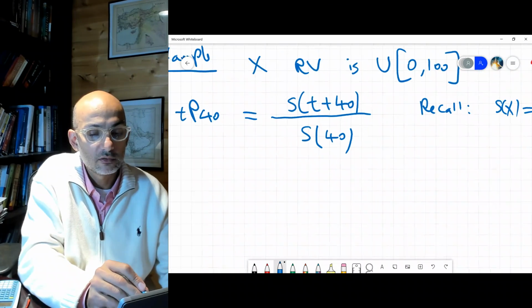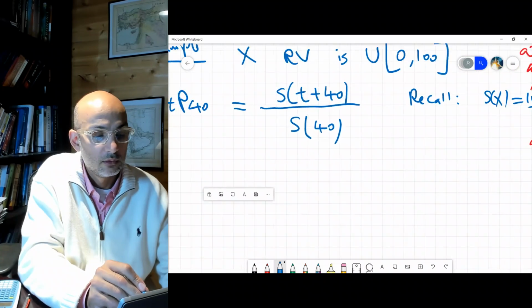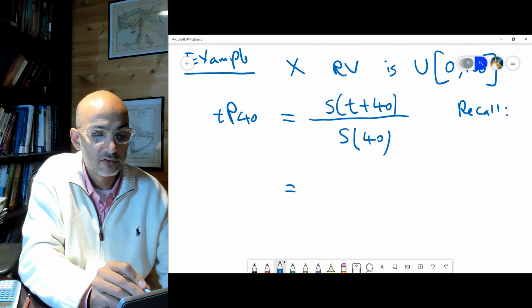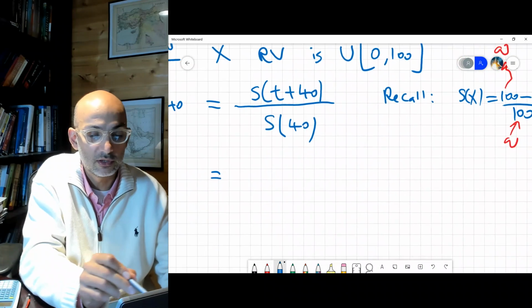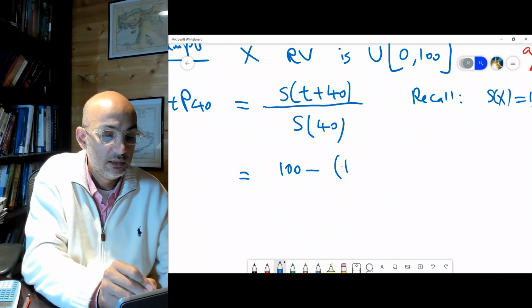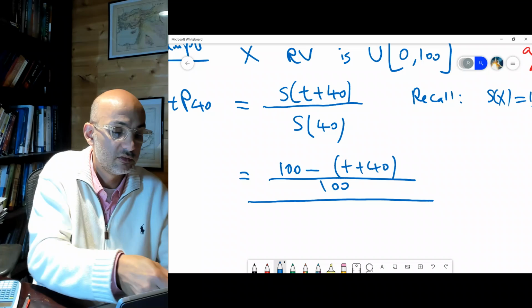So what is then our S of t plus 40? Now t plus 40 is our x, we plug it in here. So it becomes 100 minus t plus 40, divided by 100. This is the first one.